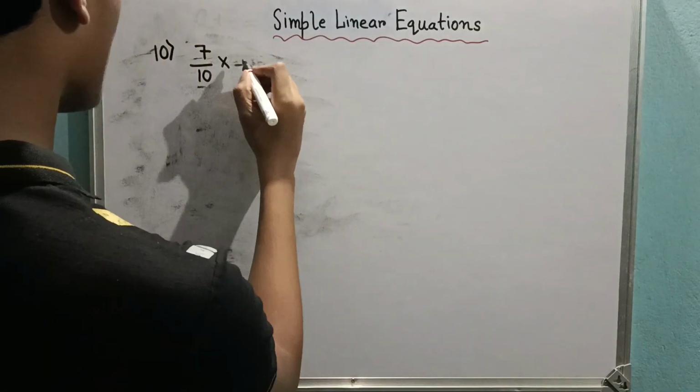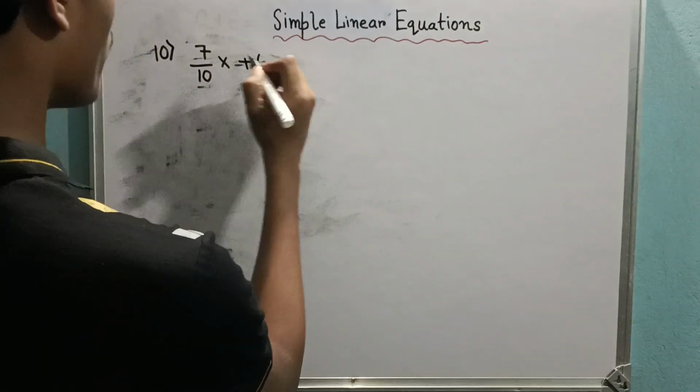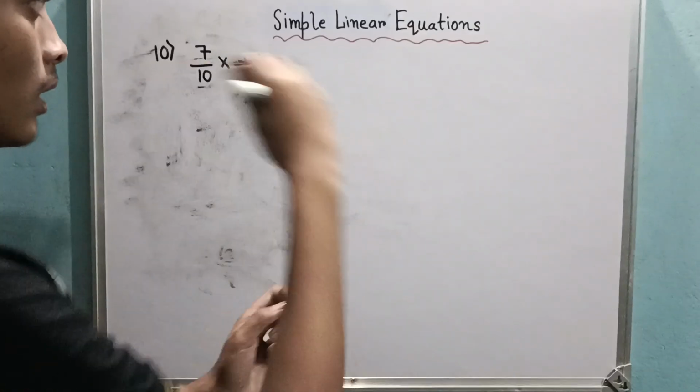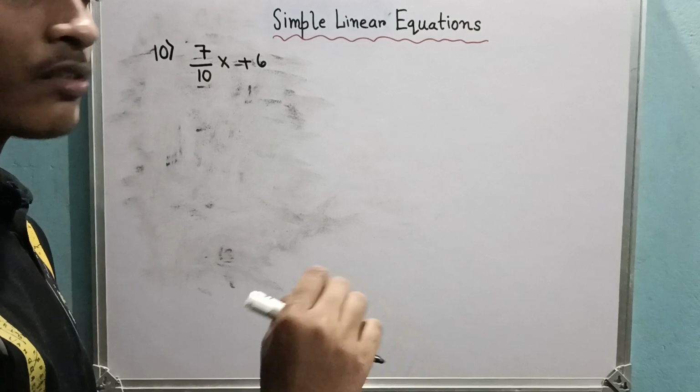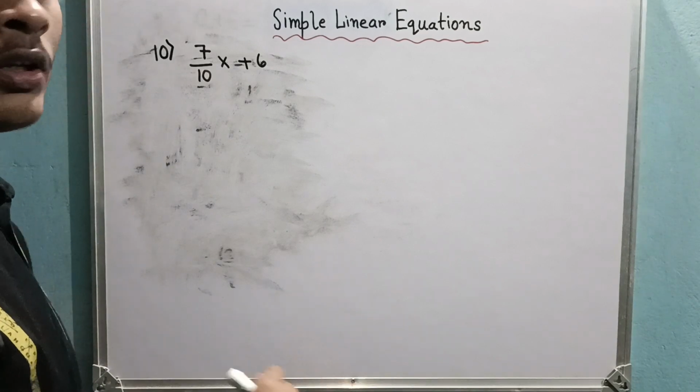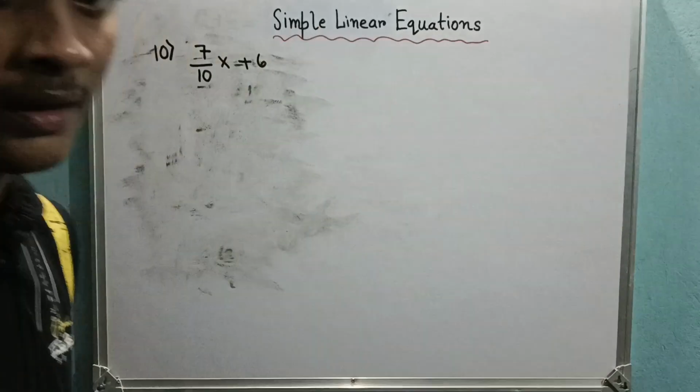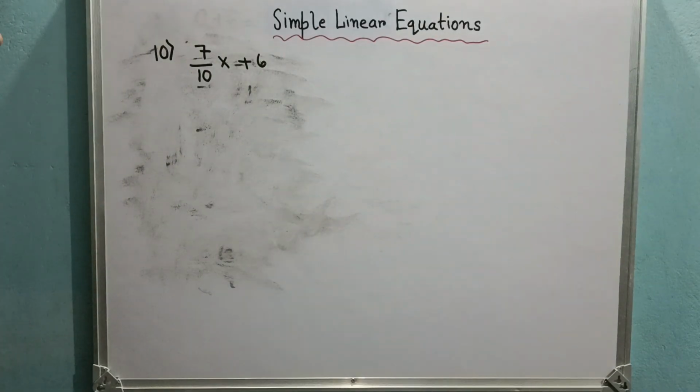Let's remember, however complicated the sum may be, only try to focus on the x. How can I shift the x to one side and all the values to the other side, so that I can solve the equation. In this way, it will be much easier for you. Because I have come across such sums. At first, I used to get scared, but now I don't get problems with them.